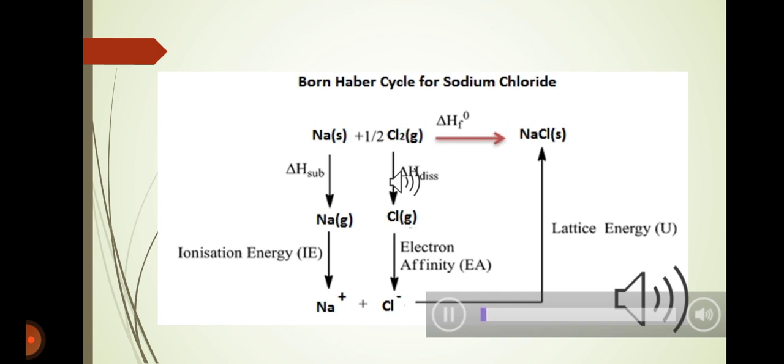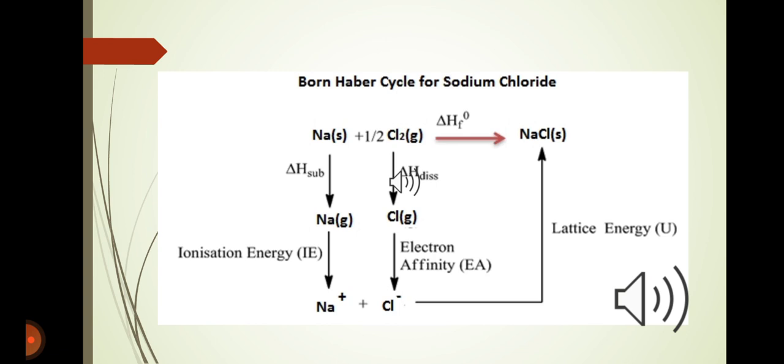So, the Born-Haber cycle for sodium chloride. The sodium atom in solid state is converted into sodium in gaseous state, the enthalpy change of sublimation. Then the sodium gaseous atom is converted into sodium cation, which is the ionization energy.